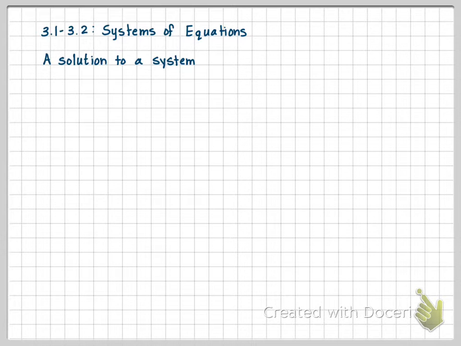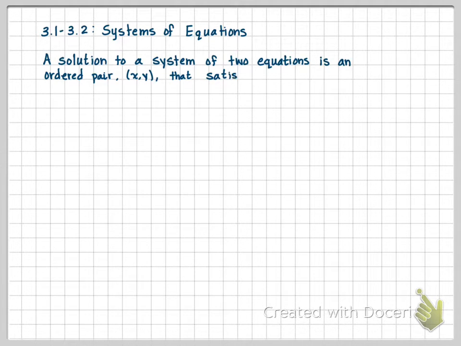So the solution to a system of 2 equations is an ordered pair, so an X and a Y, that satisfies both equations.